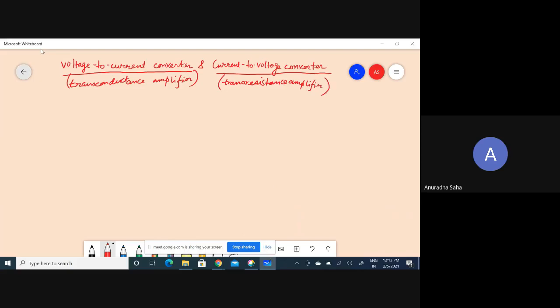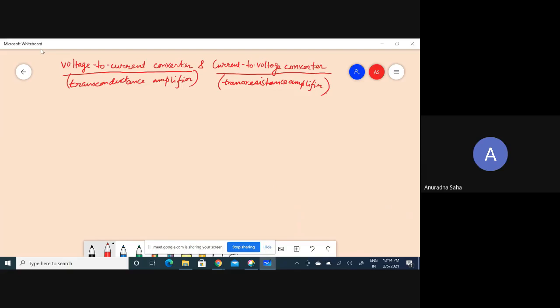Okay. Why this name is associated with the circuit, I will gradually point out. Before going to that conclusion, I would like to give a brief description of how these two converters work.